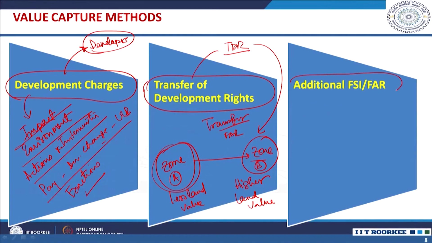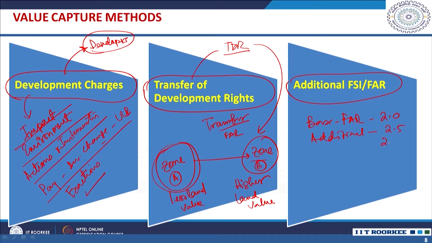That is very popular in India also, in some of the states including Maharashtra, and then sometimes we also provide additional FAR. Suppose there is a base FAR of, say, 2.0 and an additional maximum up to 2.5.